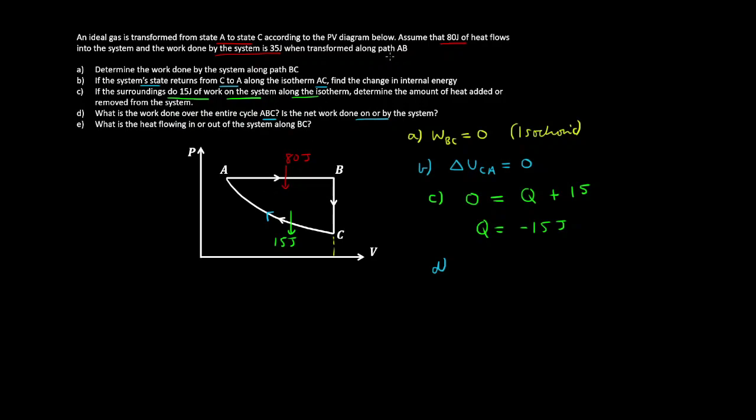Well, the work done along path AB is equal to minus 35 joules, because it's the work done by the system on the surroundings, and the work done from C to A is equal to positive 15 joules according to part C. So therefore the work done over the entire cycle, from A to B to C and back to A, is equal to minus 35 plus 15 or minus 20 joules.